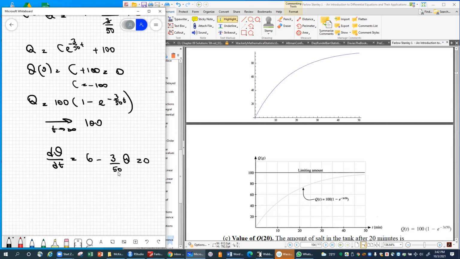You set this to 0, so Q equals 100. For big Q, it's negative, so it goes down toward it. And for something like 50, it's positive. So it's a stable point where solutions converge to. Okay.